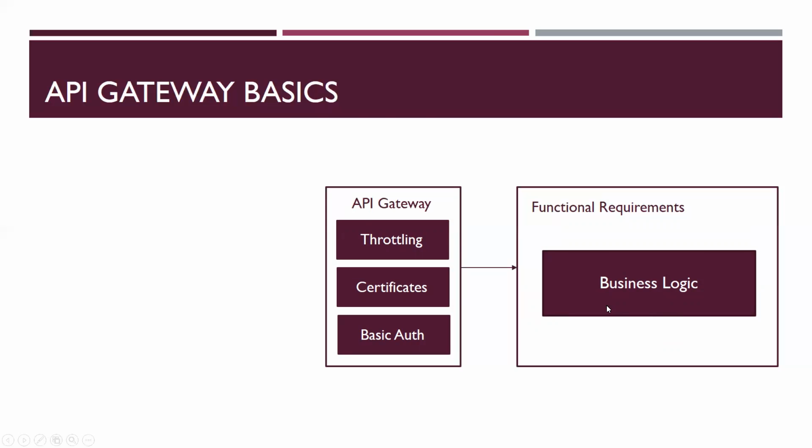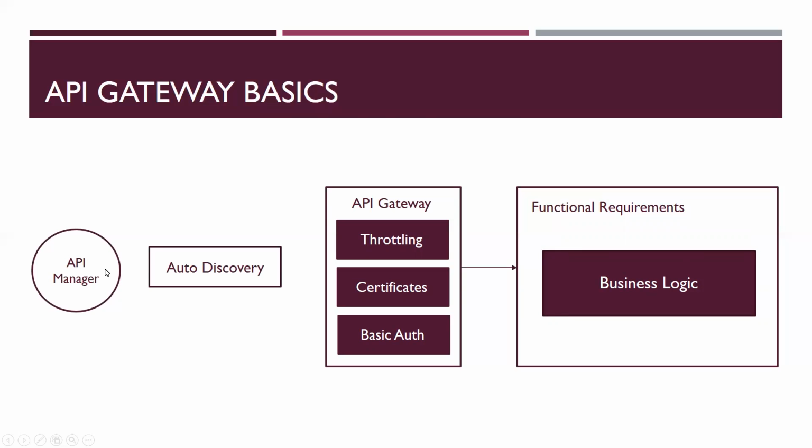Okay, so in Mule we have API gateway. Who is going to manage this API gateway, and how is it done? When you log in to Anypoint Platform, we have API Manager, and this is kind of a controller. In API Manager, you can configure the proxy and all those things. So how is this linked to the API gateway and to the business logic, the actual Mule code we are implementing?